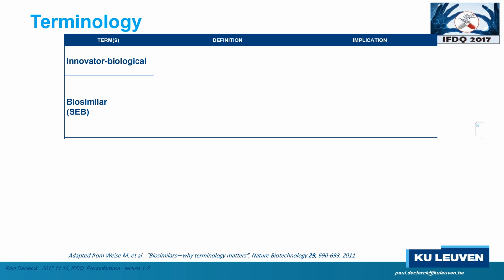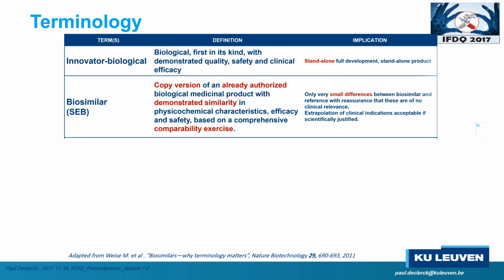Terminology is important because, and definitely also I think in this region, if we talk about biosimilar, you should be sure that we are talking about a true biosimilar, which means that it is a very well evaluated version relative to a reference product that has already been authorized, for which the similarity has been demonstrated.